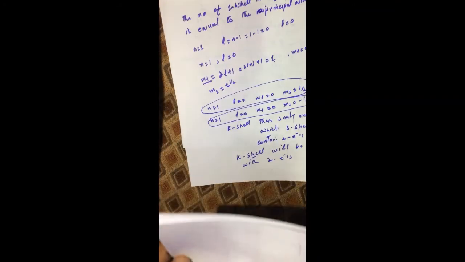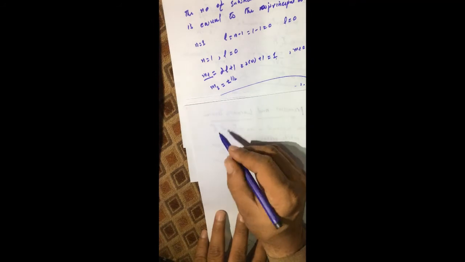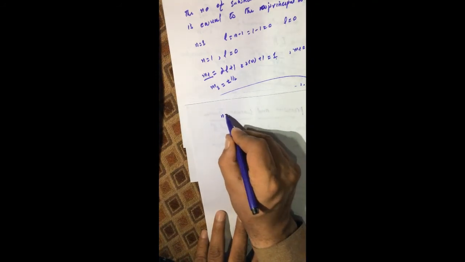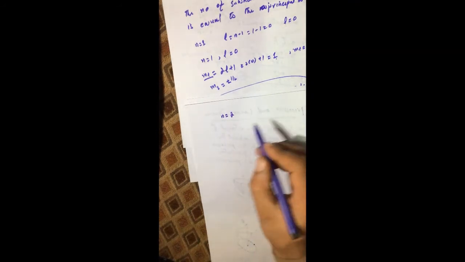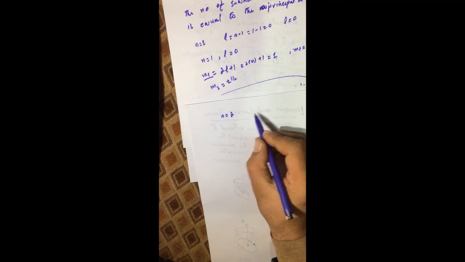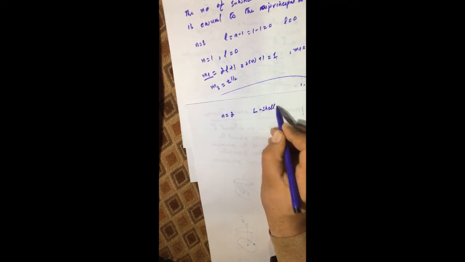Now we will consider the next value of the principal quantum number, which is n equal to 2. n equal to 2 basically represents the L shell in an isolated atom.